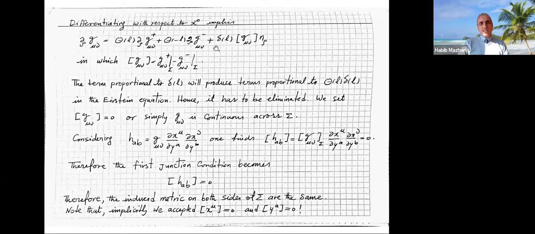By imposing g_μν to be continuous on the surface, we get rid of δ(l), and then our derivative of g_μν will not contain delta anymore. So what does g_μν being continuous bring to us? Actually, g_μν means the metric on each side, as these are 4-dimensional tensors in M plus and M minus.